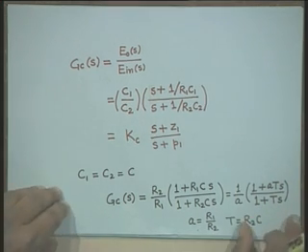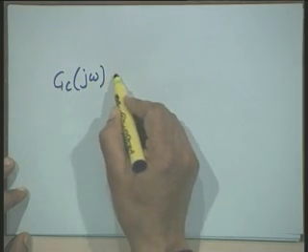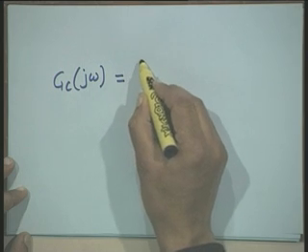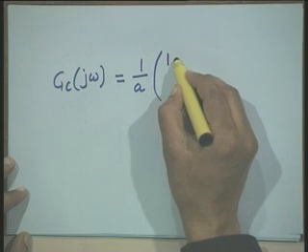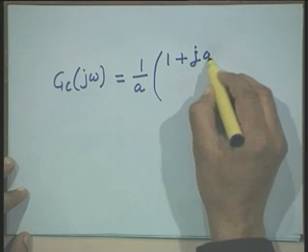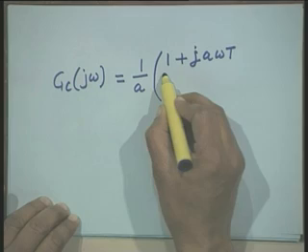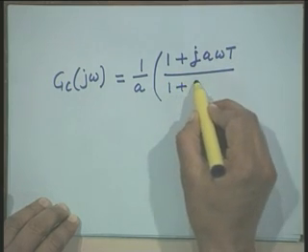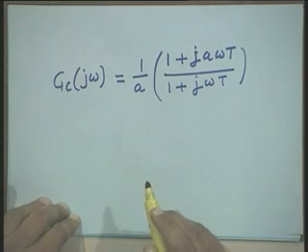To obtain the phase angle, we write G_c(j omega) equal to (1 plus j a omega T) upon a times (1 plus j omega T), that is, for s equal to j omega. What is the phase angle of this transfer function?